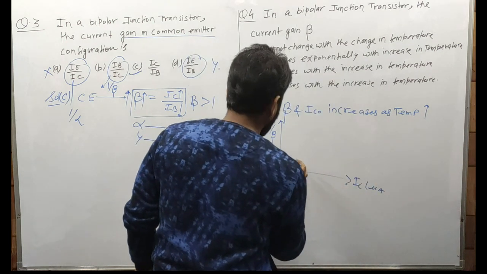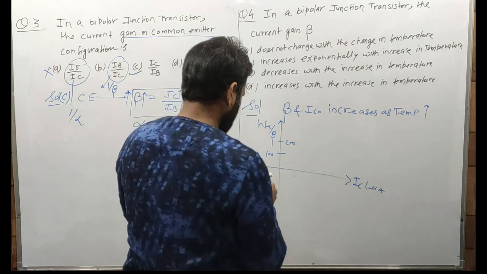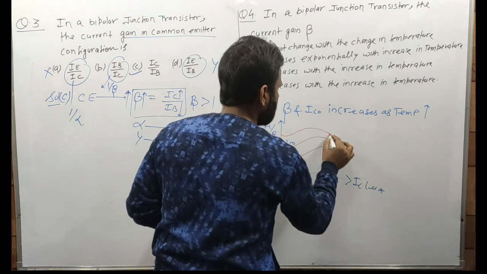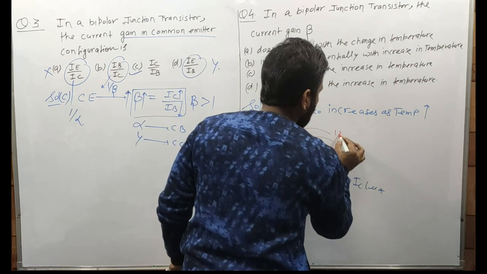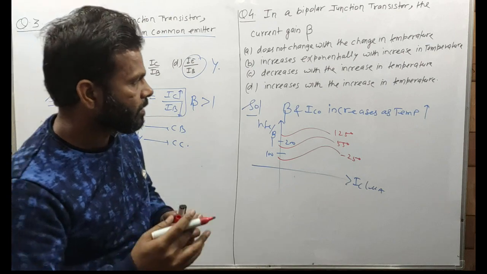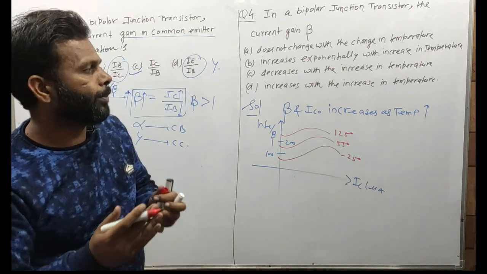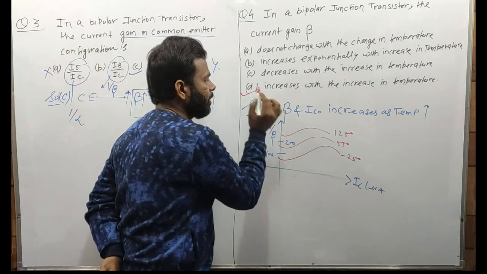So for 100, 200 this curve looks like that. This is for minus 25 degree, 55 degree and 125 degree. So beta and the reverse leakage current increases as the temperature increases. So for this question the correct option is D.